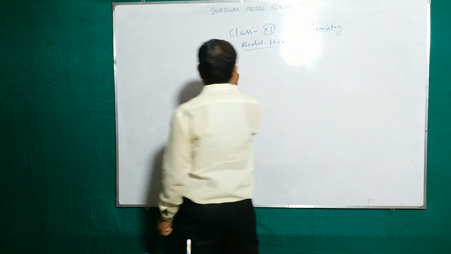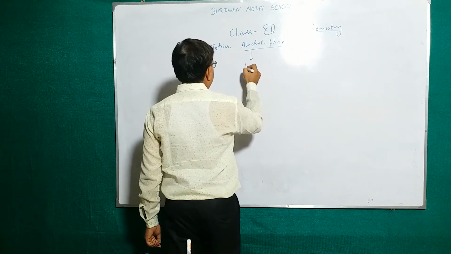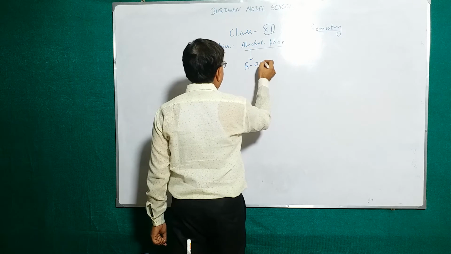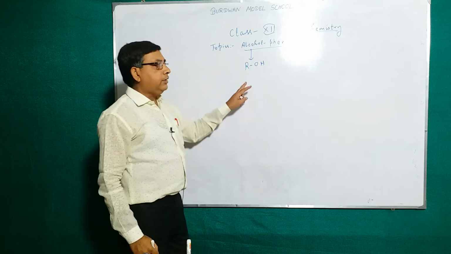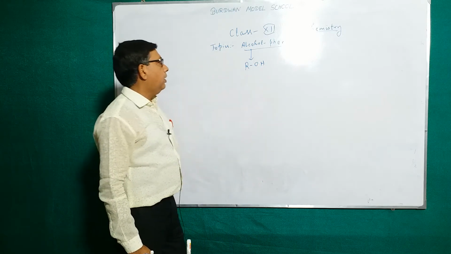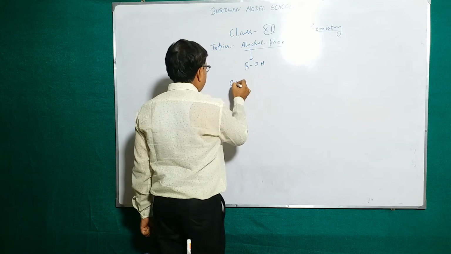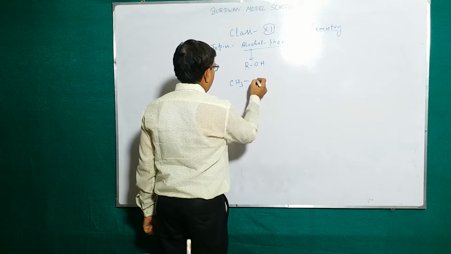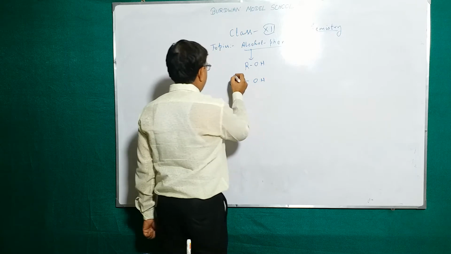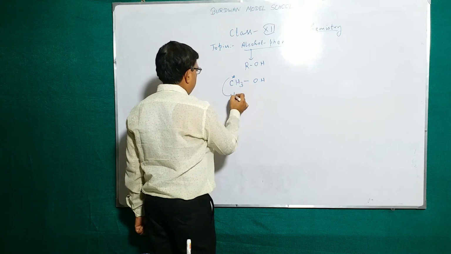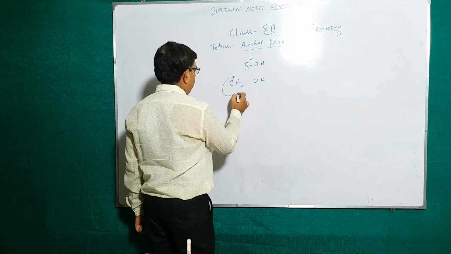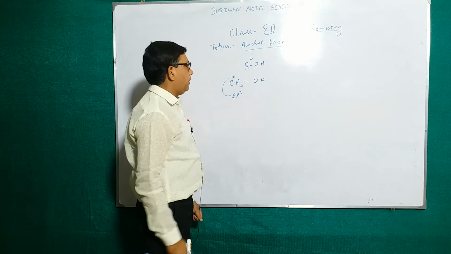You know the general formula of alcohol is ROH. R is the alkyl group, OH is the functional group. In alcohol, say CH3OH, the carbon atom is sp3 hybridized.